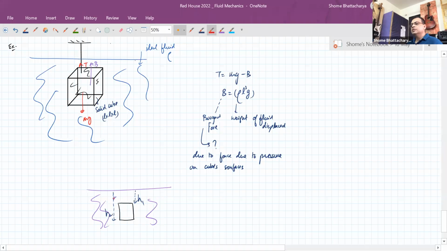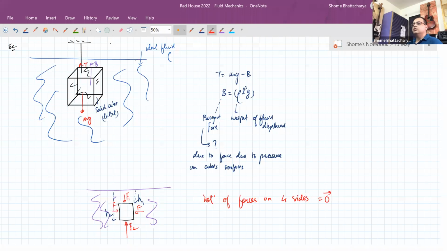So you'll see that this surface will be experiencing a downward force F1. This surface will be experiencing an upward force F2, whereas the side walls will all be experiencing some forces F, which will balance. So the net of the forces on the four sides will be zero, because they cancel in pairs, but F1 plus F2 is not equal to zero.